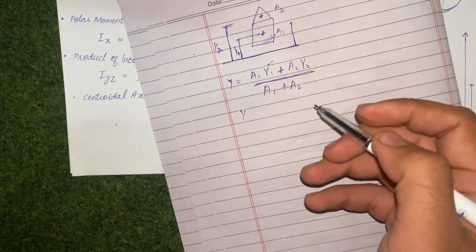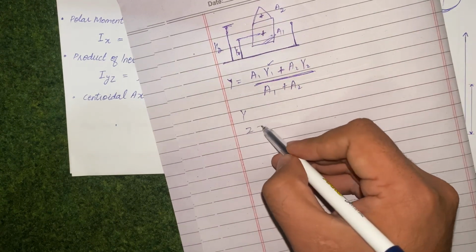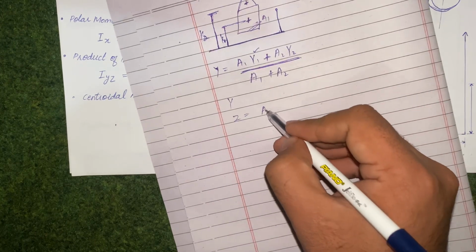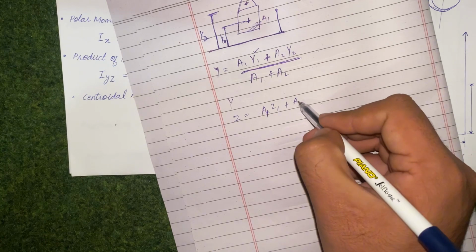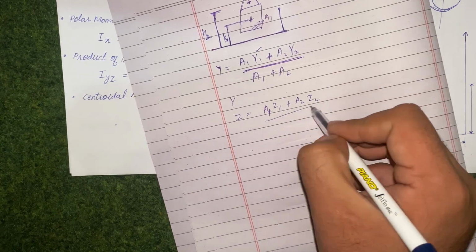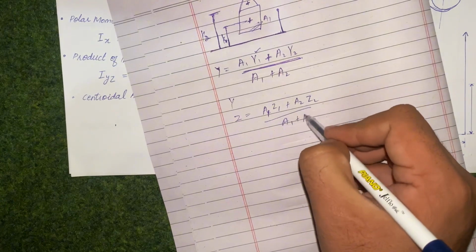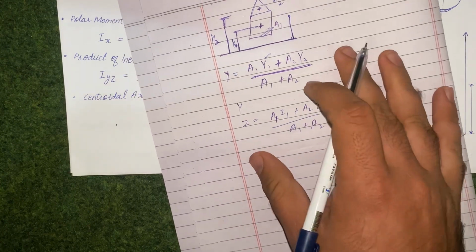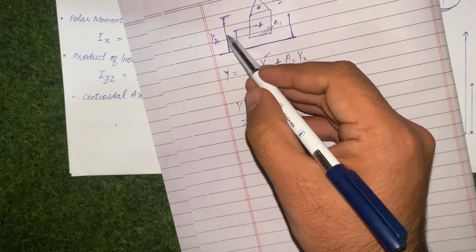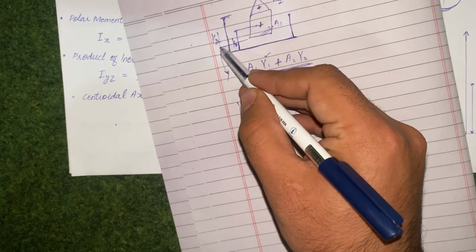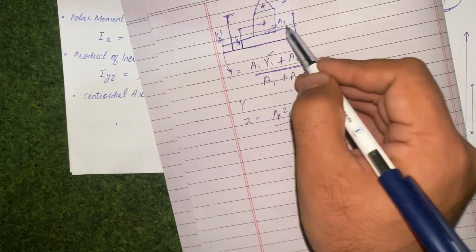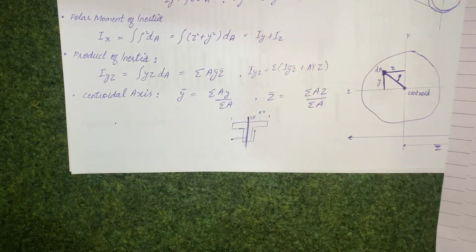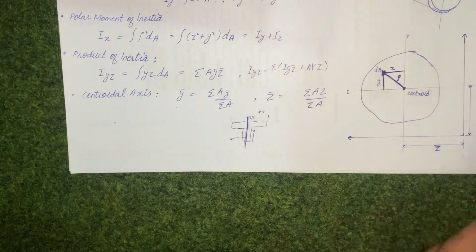Similarly, in the case of z, the formula is also the same. Its formula is a1 z1 plus a2 z2 divided by a1 plus a2. So we will calculate its centroidal distance from the reference axis, the z distance or location. So this is the formula for the centroidal axis.